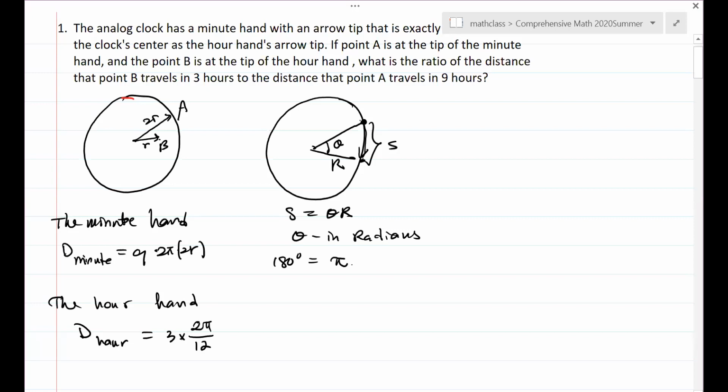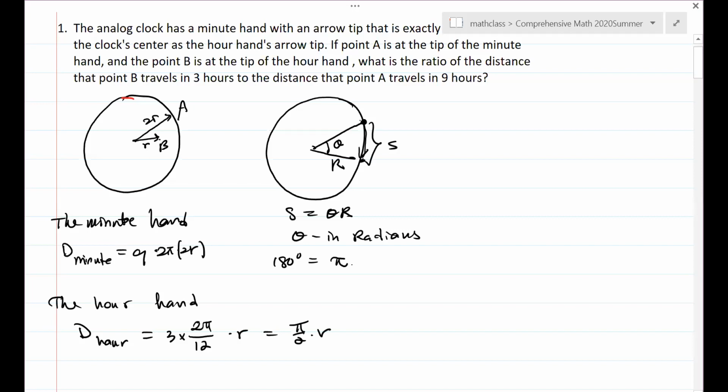And then the radius is going to be r. After you simplify, 2 pi over 12 is the angle in 1 hour, and for 3 hours, that is going to be pi over 2 times r.